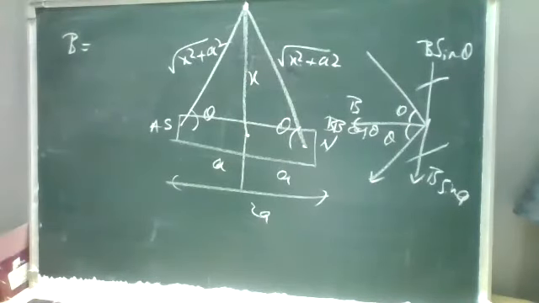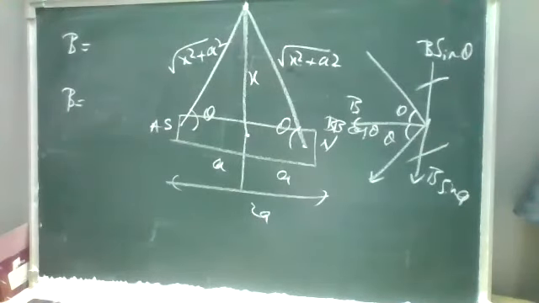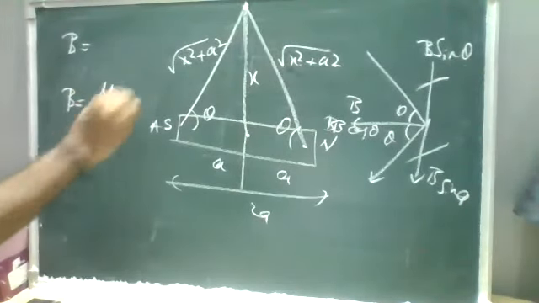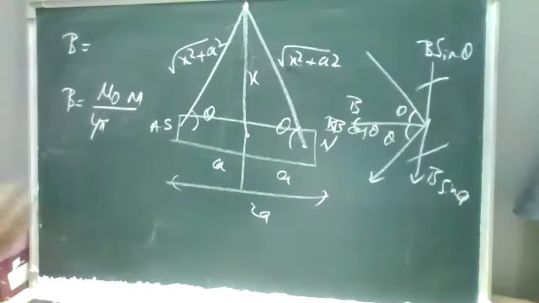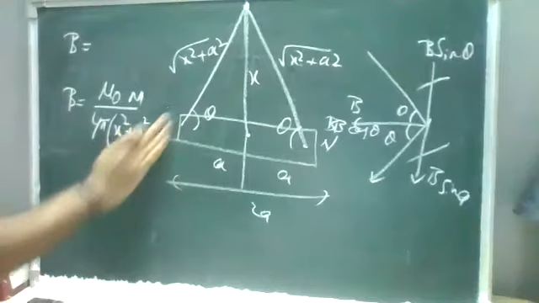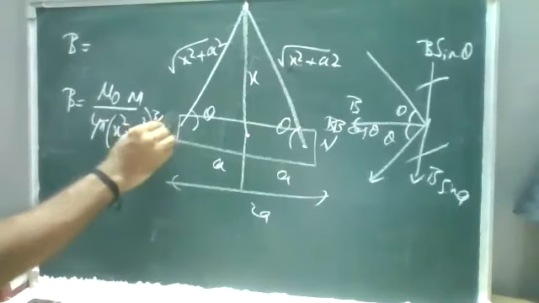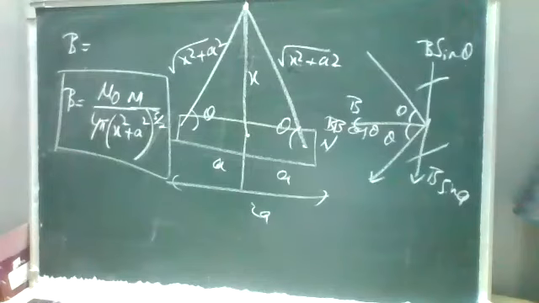Now for this, the resultant magnetic field B is equal to mu naught m by 4 pi into (x square plus a square) whole power 3 by 2. This is for equatorial. B is equal to mu naught m by 4 pi into (x square plus a square) whole power 3 by 2.